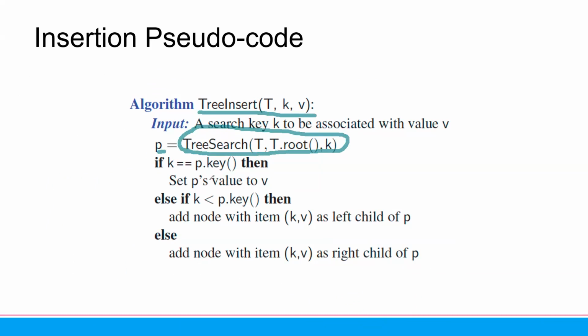So if we can find a P, then you can just use that to set a new value. But if you are not able to find a node with the same key, then you are going to add the node. If the k is less than the P key, then you put it into the left. If it is greater, then you put it into the right.